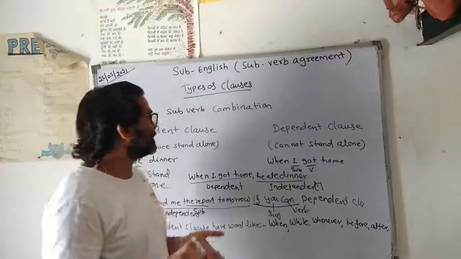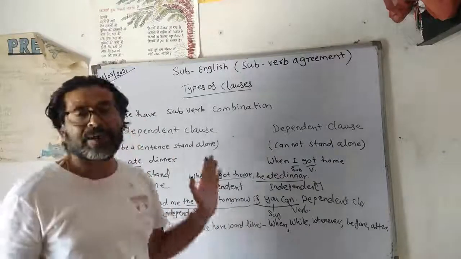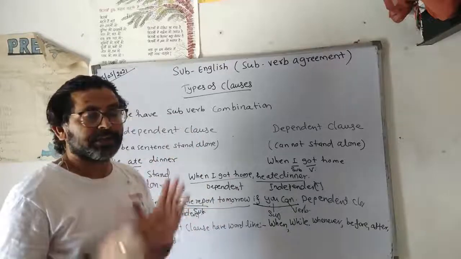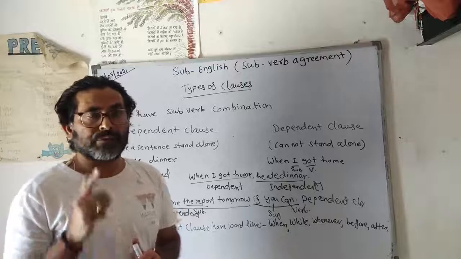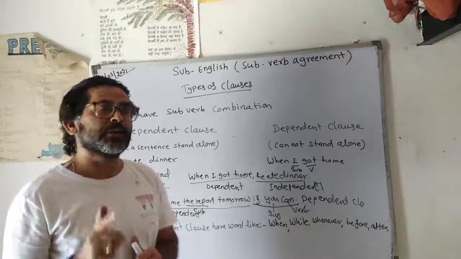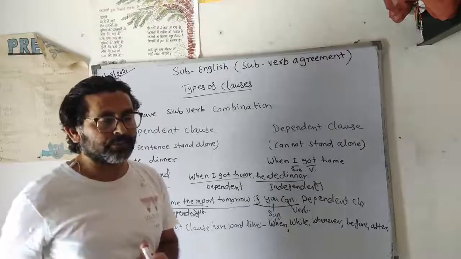I hope you understand the difference and the similarity between independent and dependent clauses. But always remember, a dependent clause cannot stand alone without an independent clause, but an independent clause can stand on its own. Thank you.